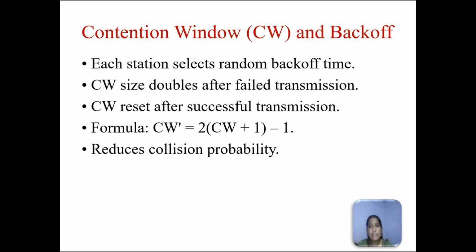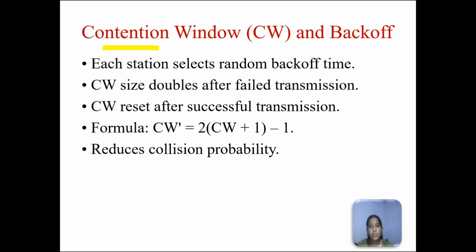Here we see how the contention window works in backoff. As I said earlier, if a device is transmitting, all the remaining devices will have their network allocation vector set, and they will not try to access the channel in that period of time.